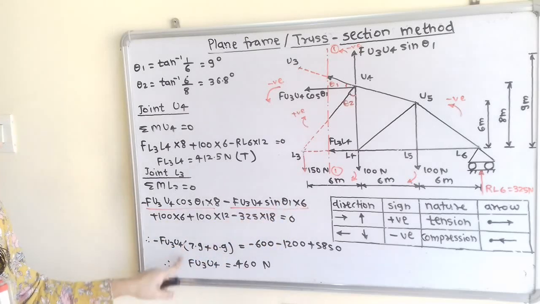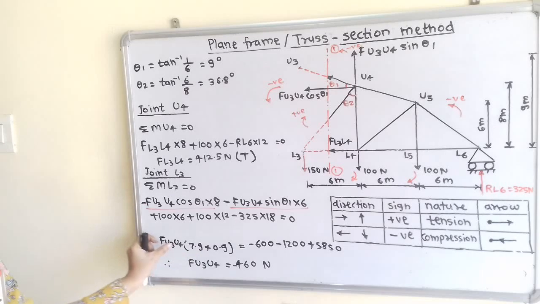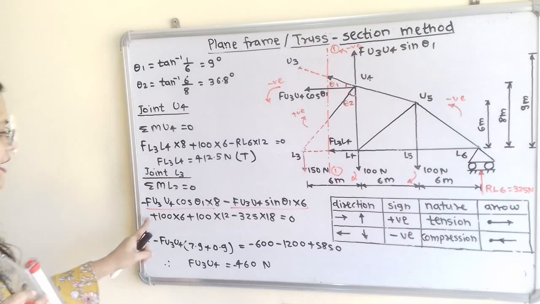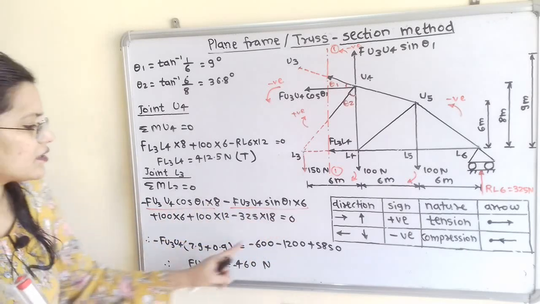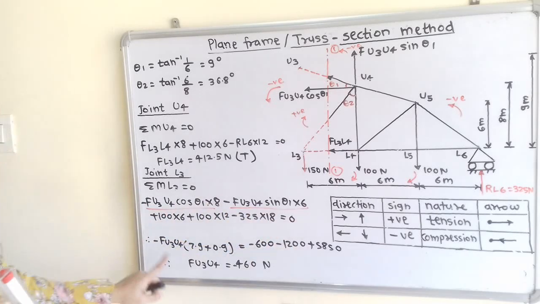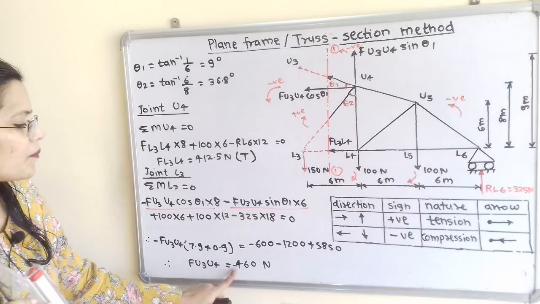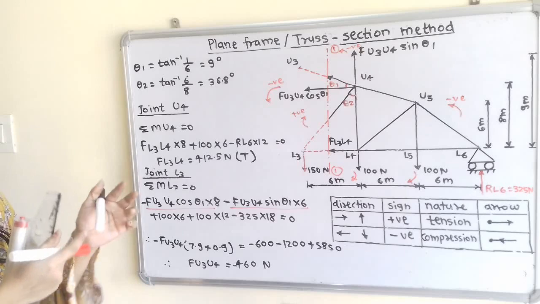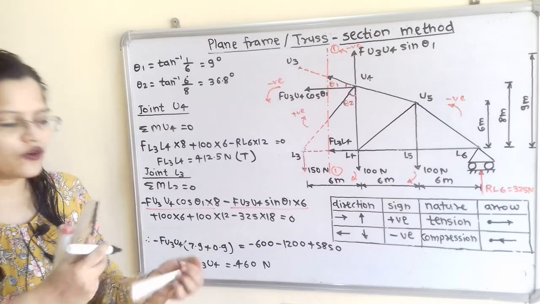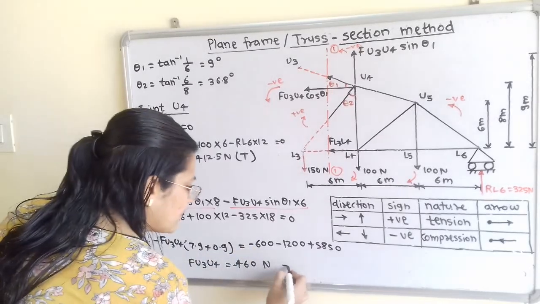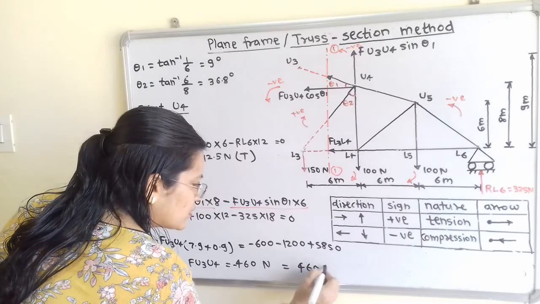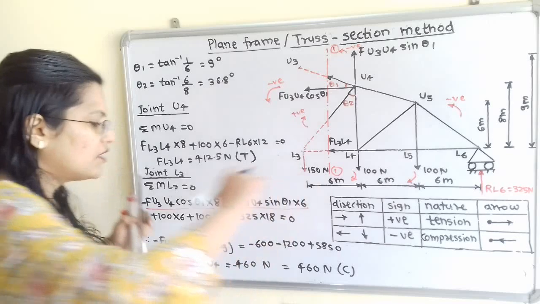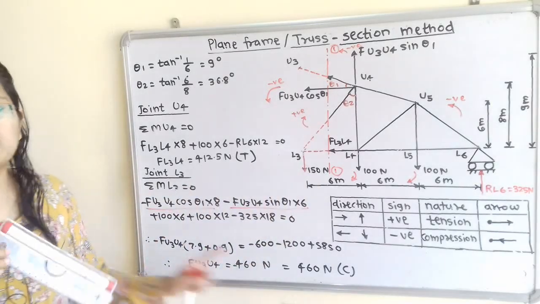So we have to take this in the bracket. So minus, I have taken the common term, so here inside the bracket plus sign, and I will transfer all the terms to the right hand side. So Fu3U4 is equal to minus 460 Newton. So how we can write this? So this is the compression force. So we have to show that, which is equal to 460 Newton, and with compression, that is the nature is compression because magnitude of force is negative sign.